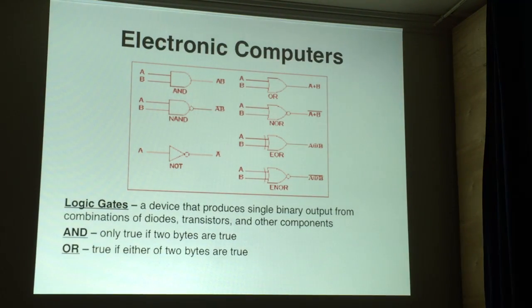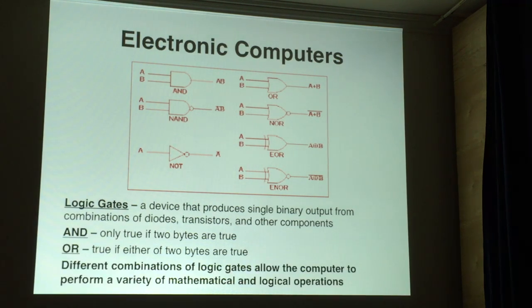OR, on the other hand, is true if one or the other is true, or both can be true. So by using combinations of logic gates, this allows the computer to perform a variety of mathematical and logical operations. So this expands the ability of the computer to do these sorts of things.